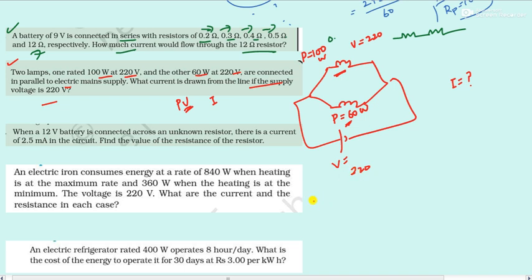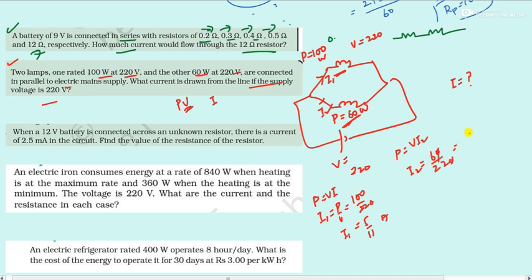So what I will do: P is equal to VI. For the current in this, I'll name it 1 and here 2. So I1 will be P by V. P is 100 by V is 220, which is equal to 5 by 11. That's all. Correct? Next, P is equal to VI2, so I2 is P 60 by 220.